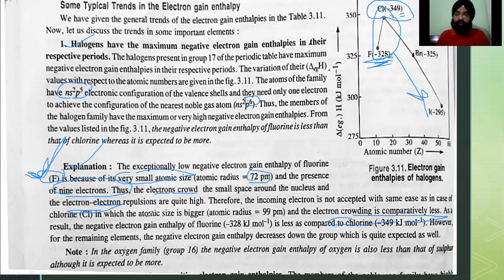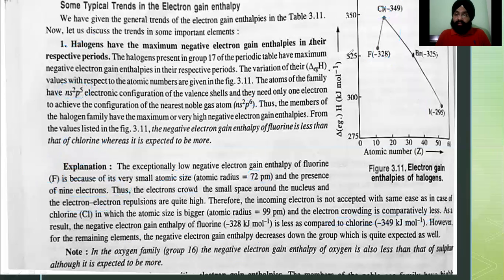So the value of electron gain enthalpy for fluorine is less negative than the expected value, and ultimately chlorine has the maximum electron gain enthalpy among the halogens. The same trend is followed in the case of oxygen in group 16, where sulfur has a more negative electron gain enthalpy than oxygen.